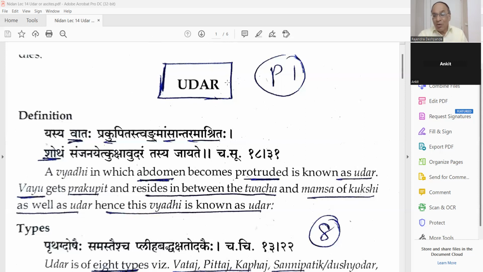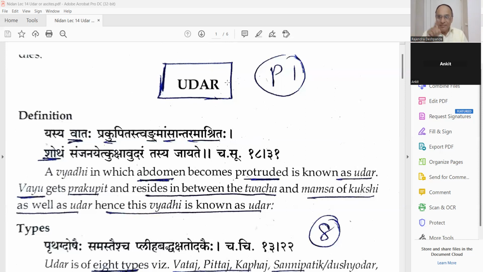I was discussing about Ashtau Mahagad. First, I told you that Udara, Grahani, and Hridroga: the name of the Vyadhi and the name of the organ are the same. That is why they are difficult to cure. Then I mentioned the word Ashtau Mahagad.